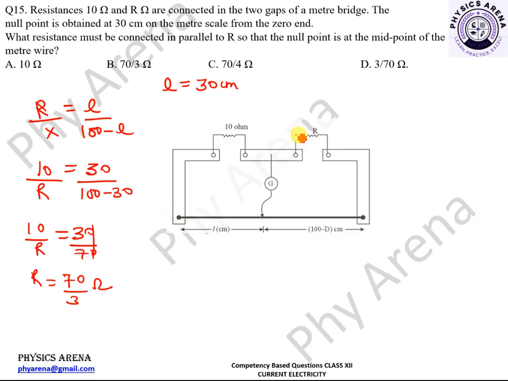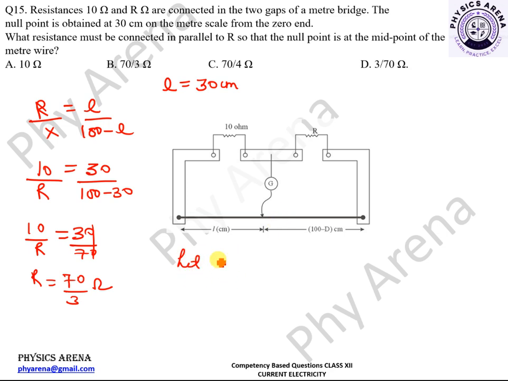Now we need to connect a resistor R1 in parallel to R such that the null point of the galvanometer shifts to the midpoint of the meter bridge, and the midpoint of the meter bridge is 50 centimeter.